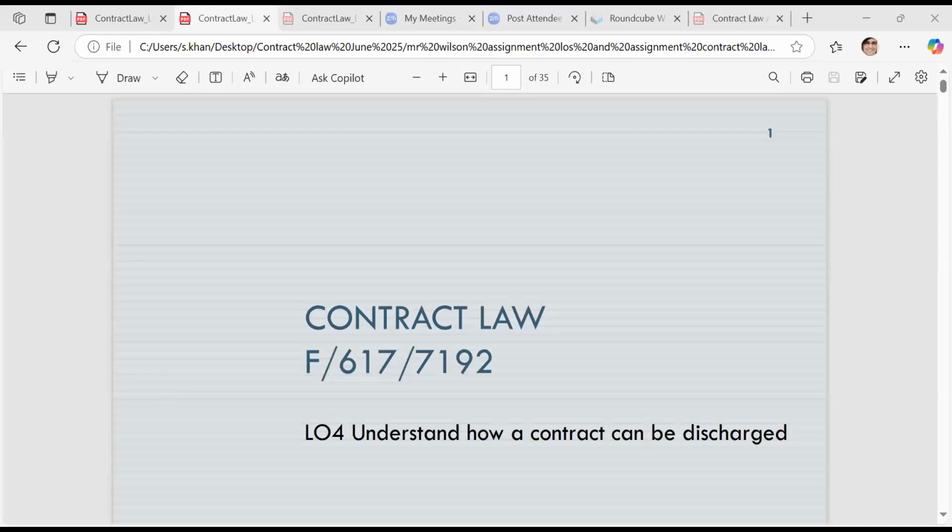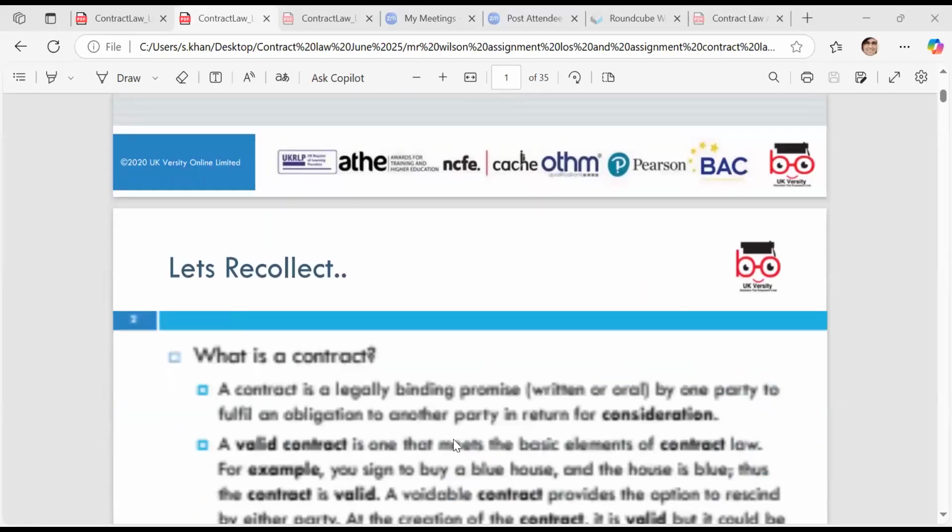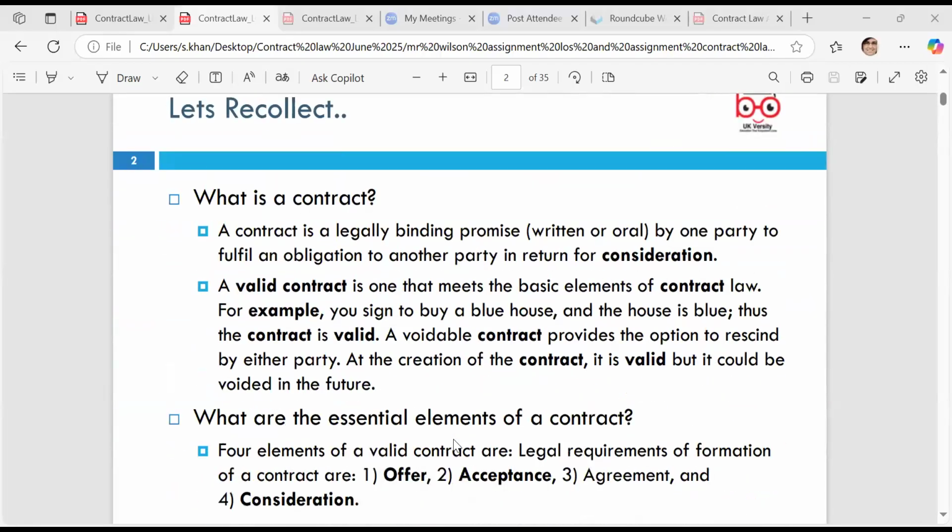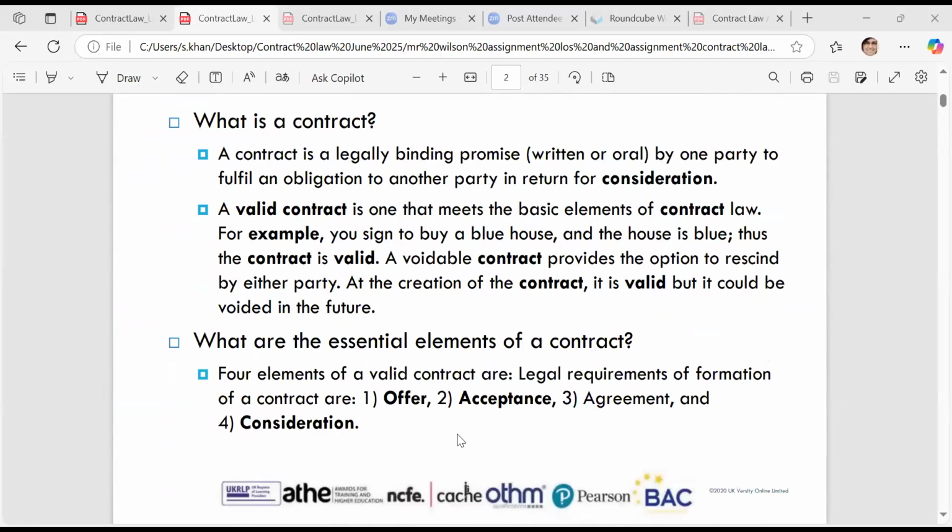And in learning outcome 4, we look at understanding how a contract can be discharged. So when we look at understanding how a contract can be discharged, let's look at what a contract is.